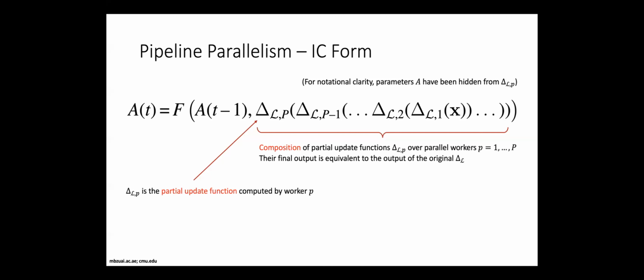So I'm now on the slide with pipeline parallelism. In pipeline parallelism, the iterative convergent form of this, you can see it's an A of F and a bunch of composed or nested delta. Every delta takes in some input and gives its output to the next delta in the sequence, right? And this composition of partial update functions results in pipeline parallelism.